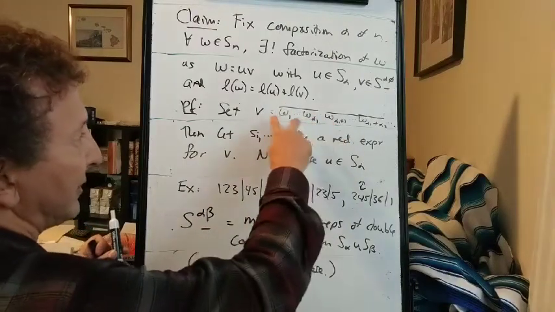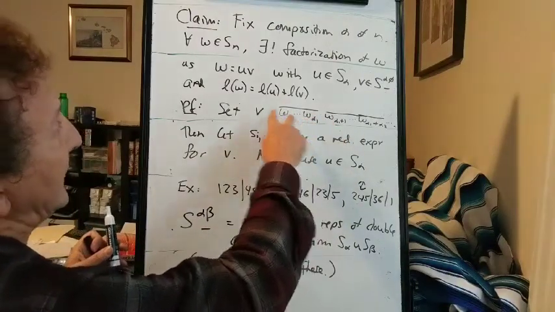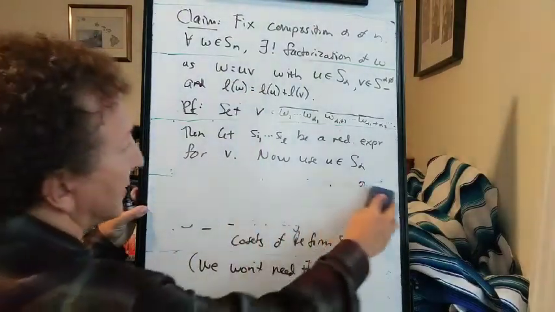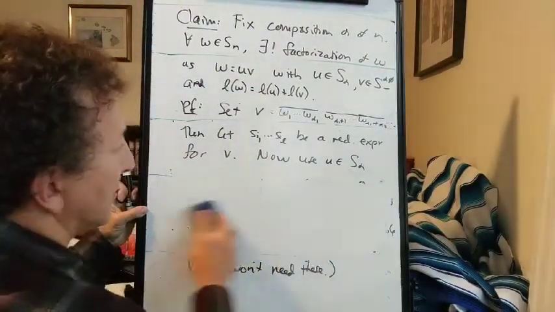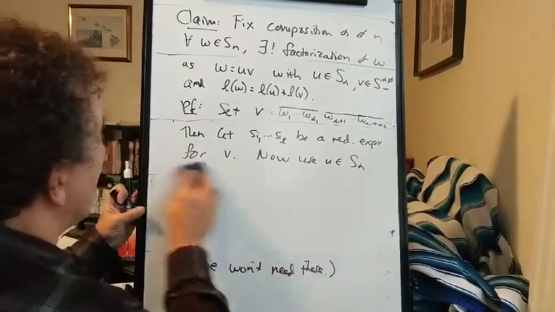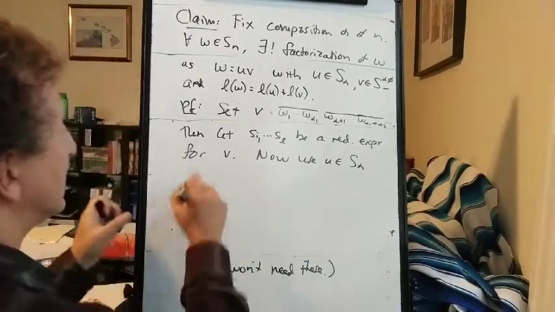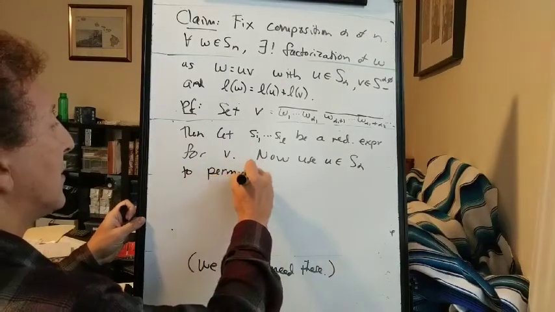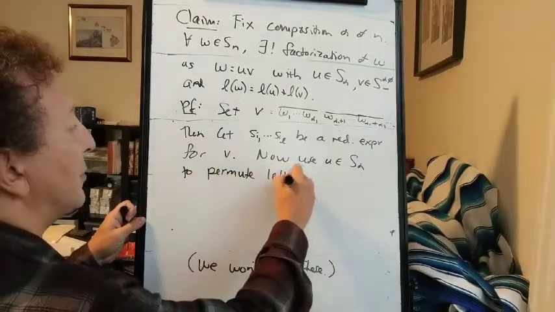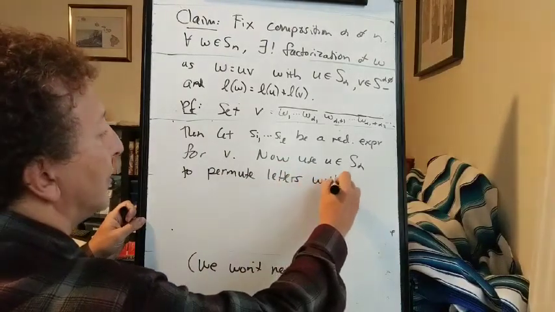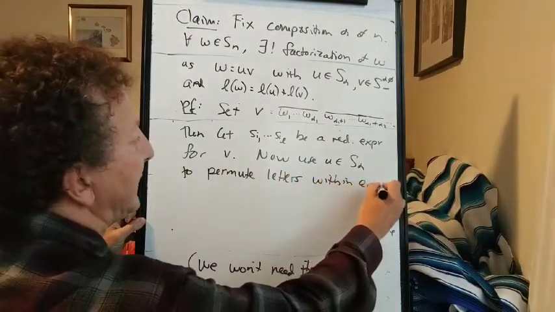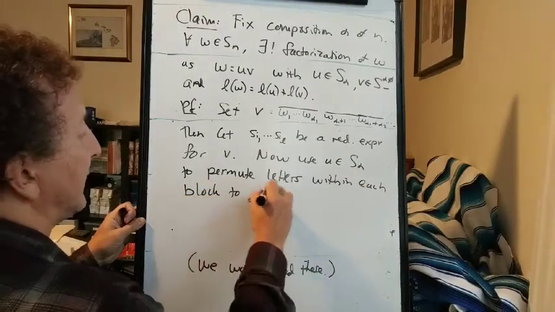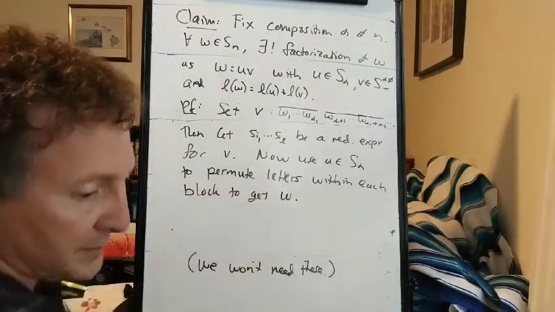The letters are increasing in V until we get W. So permute the letters within each block to get W.